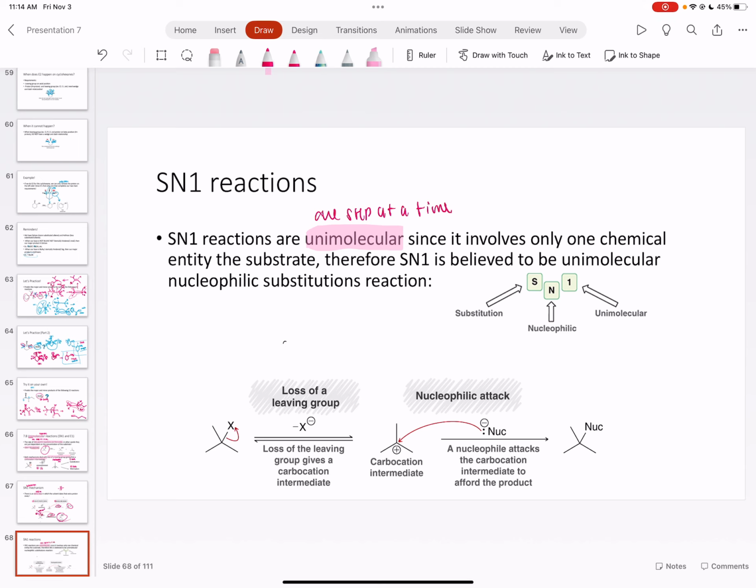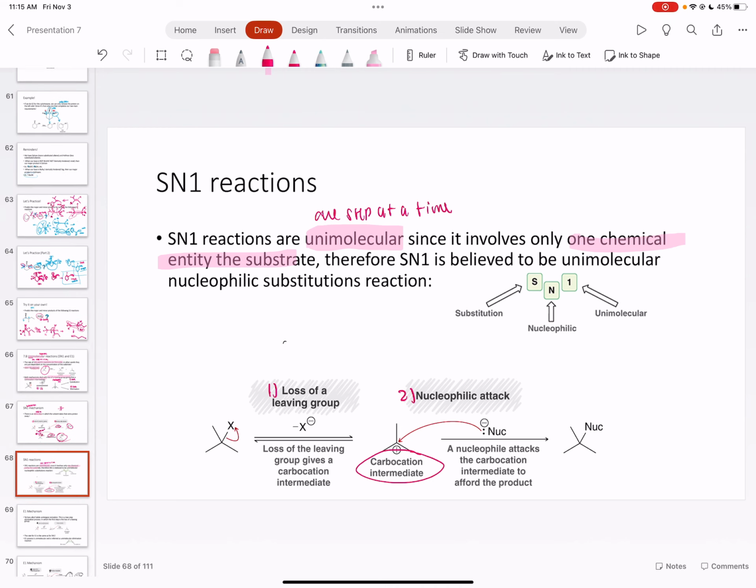Since it involves only one chemical entity, the substrate, SN1 is believed to be a unimolecular nucleophilic substitution reaction. And again, we go through it. We first have a loss of a leaving group, giving rise to a carbocation intermediate. Then our second step will be a nucleophilic attack.